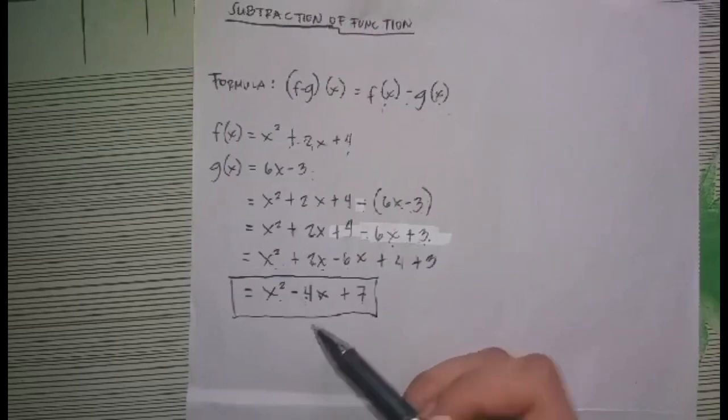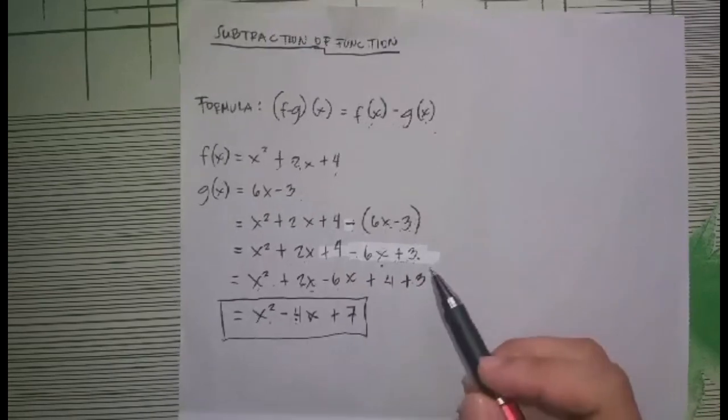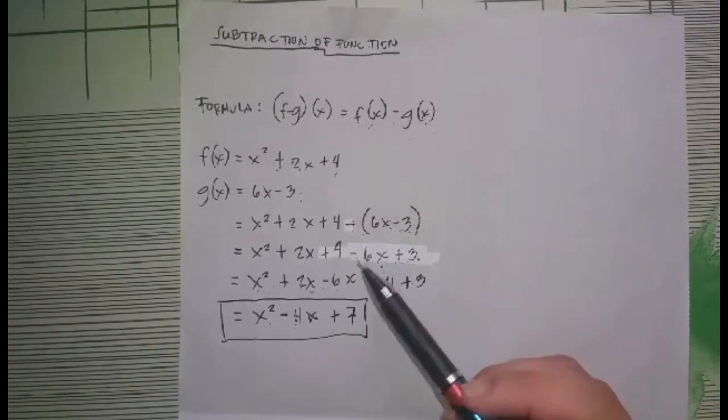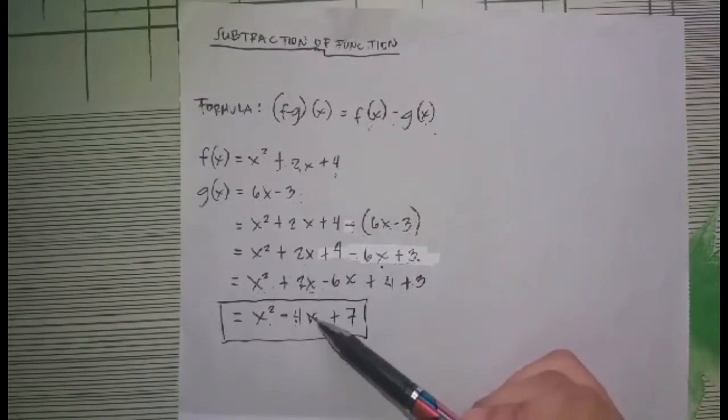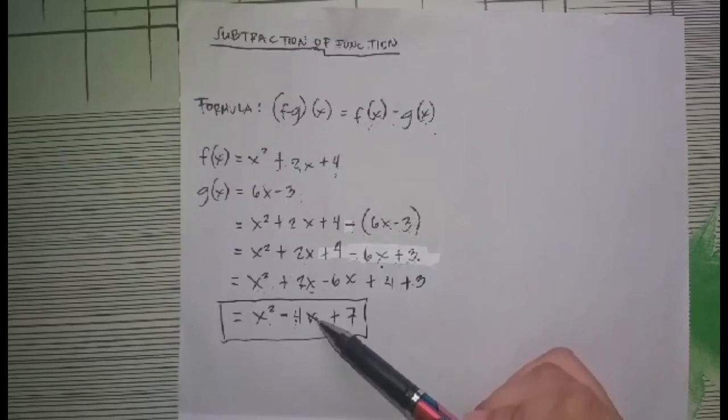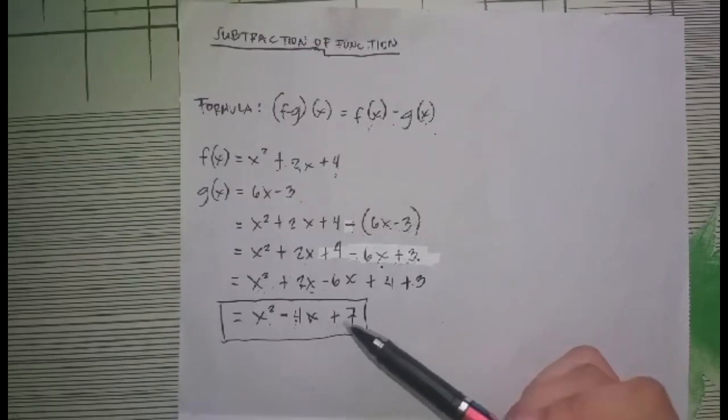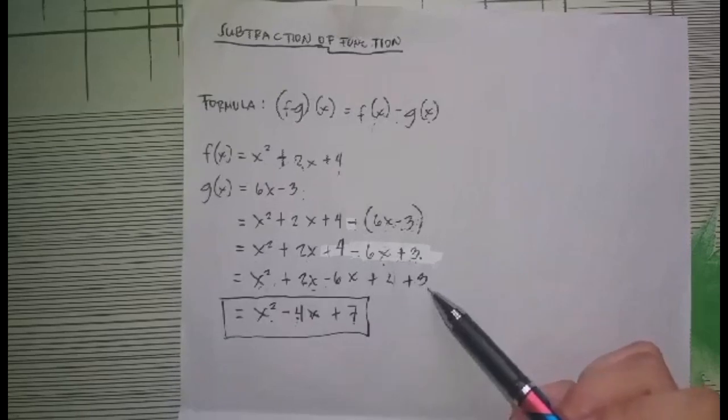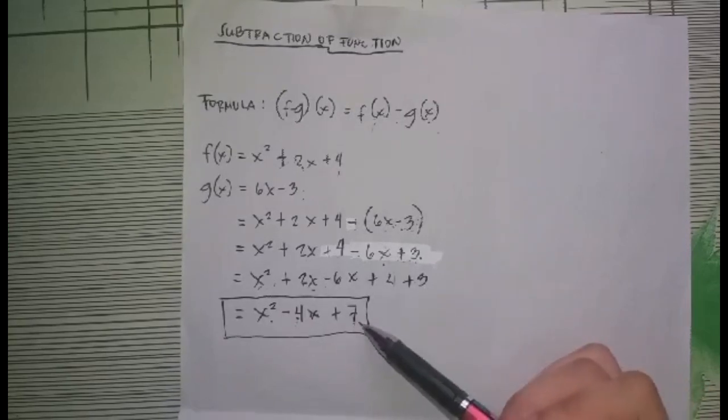Then let's copy this variable, which is x. And then finally, the numbers that are left, we have 4 plus 3. So that is simply 7.